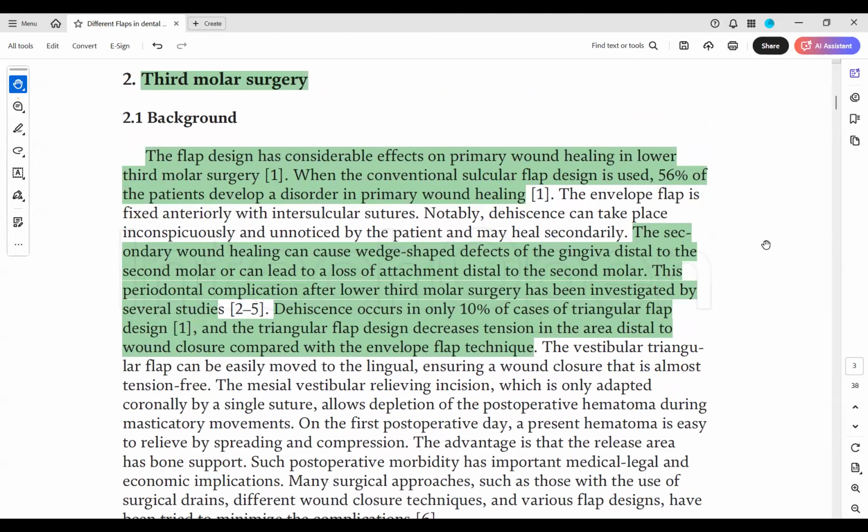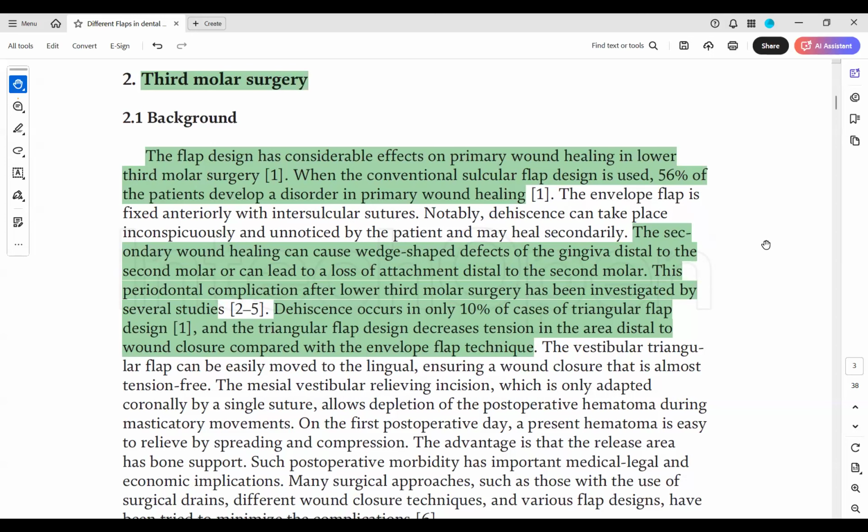And you all have seen the options of triangular flap, envelope flap, trapezoidal, semilunar. All these options could be given to you, right? The answer is straightforward and yet complicated in its way, in that there are multiple options available. These are ambiguous topics.